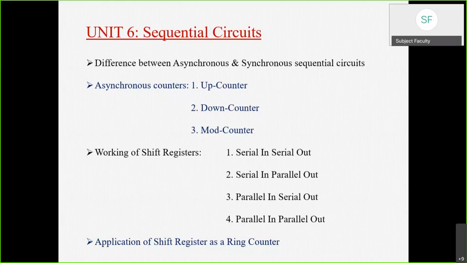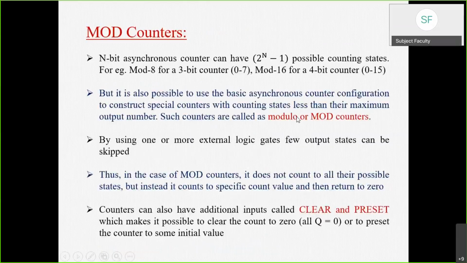All right, so we should get started now. So what is a mod counter? Here are a few points related to mod counters. First point, we know that an n-bit asynchronous counter can have 2 raised to power n possible counting states. For example, if your counter is a 3-bit counter, how many counts will be possible? 0 to 7.